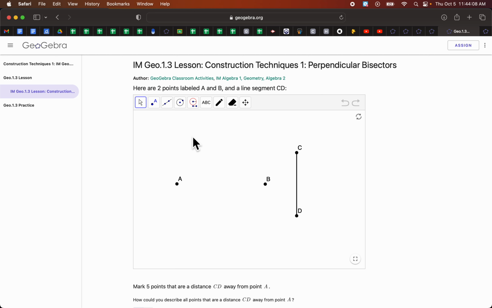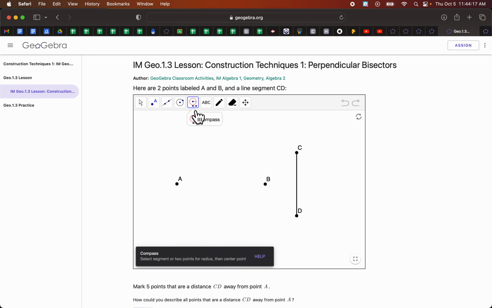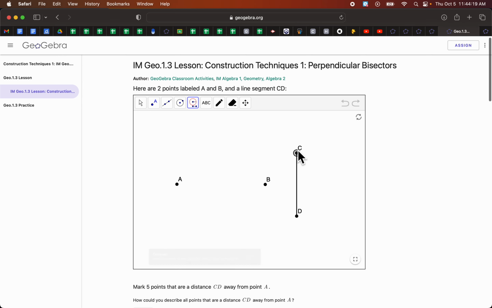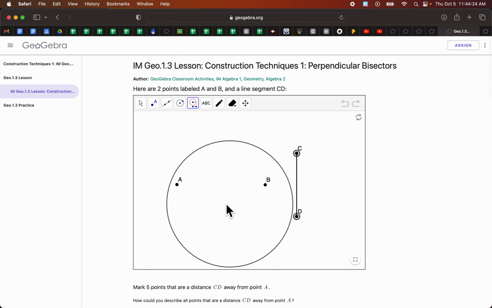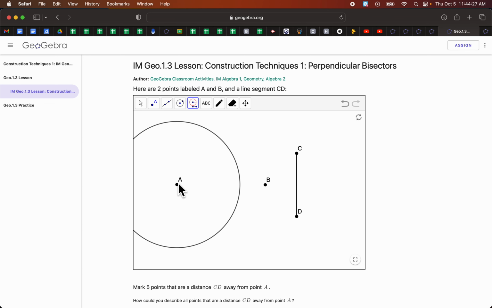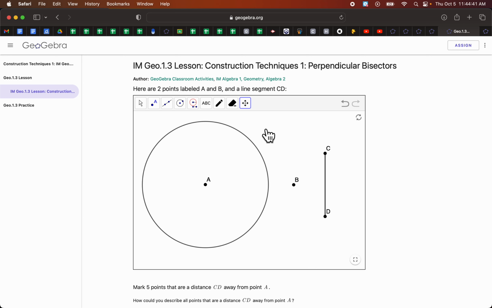So what do we use to figure out how far away from A we need to be if it was exactly that far away? If we use the compass tool, we can take this as a radius, and that means every point on this circle has to be exactly this far away from point A, because we are using CD as a radius.